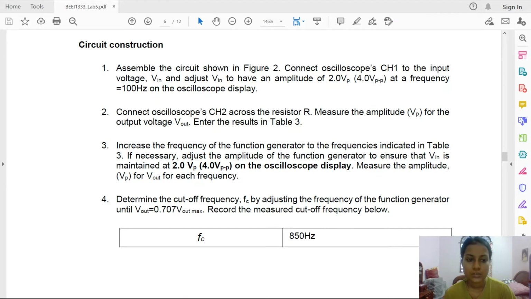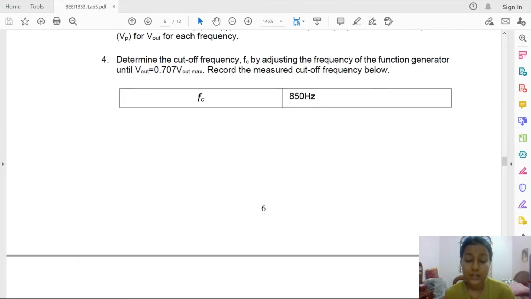Okay, so from there we have determined the cutoff frequency, and the cutoff frequency we got is 850 Hz.